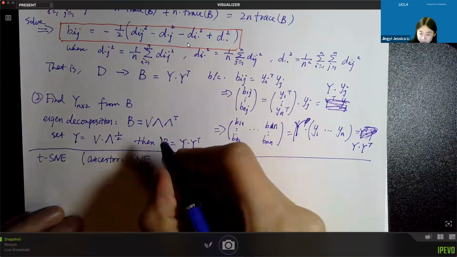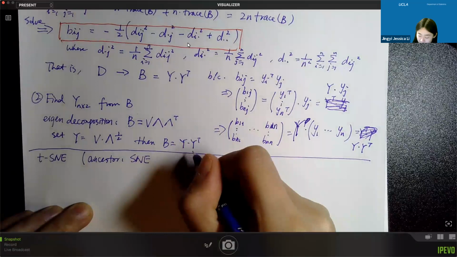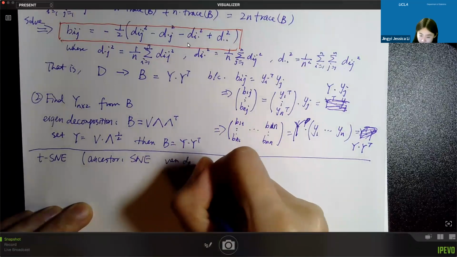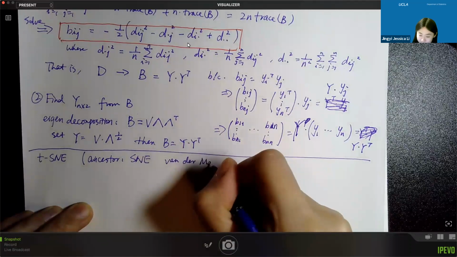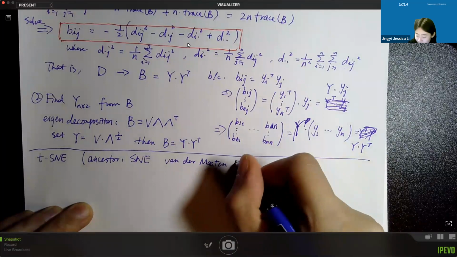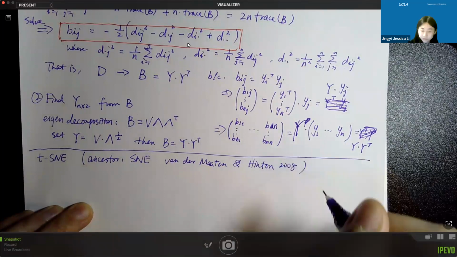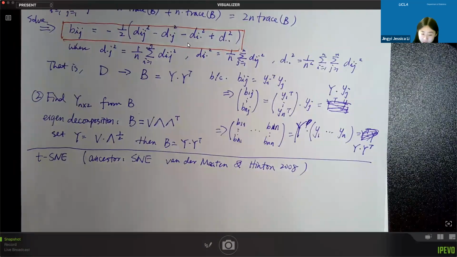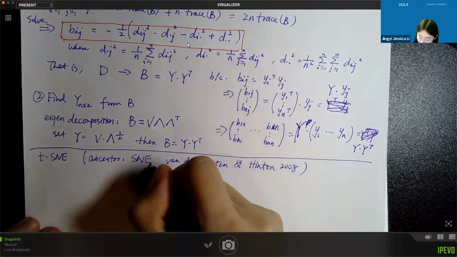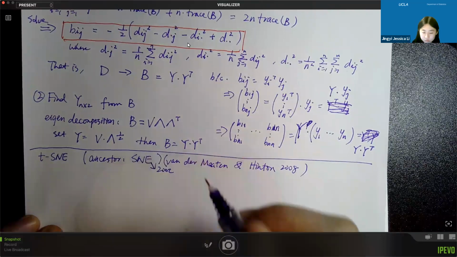The tSNE paper was by van der Maaten and Hinton in 2008. It was originally proposed for visualizing images, but later people used it for single cell data, and therefore this paper has received a lot of citations. Oh, sorry, I should say the ancestor SNE is from 2002, and tSNE is from 2008. We should separate those two.